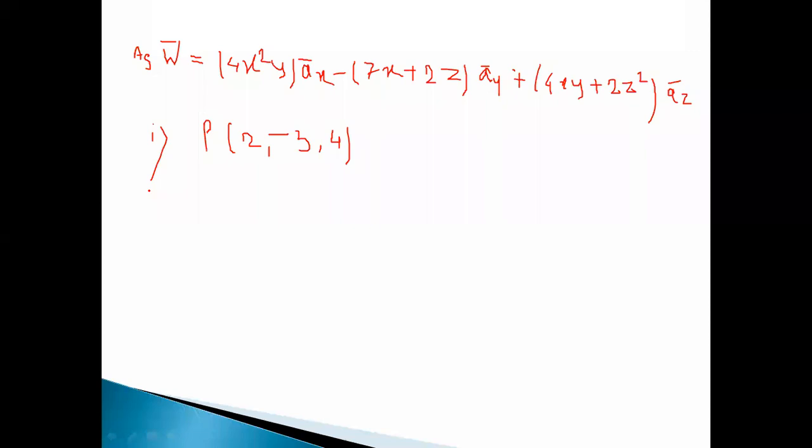Okay. Then third: at what points on the z-axis the magnitude of vector field W bar is unity.